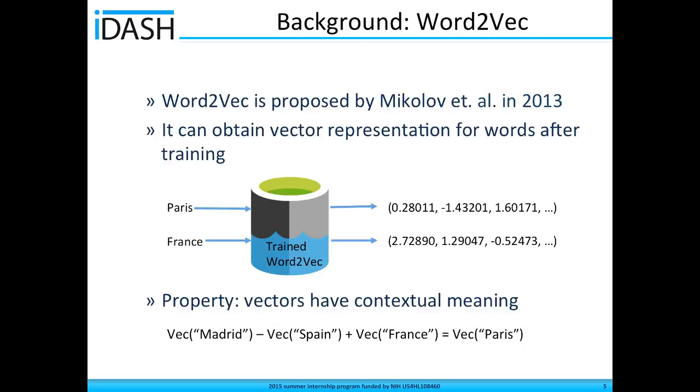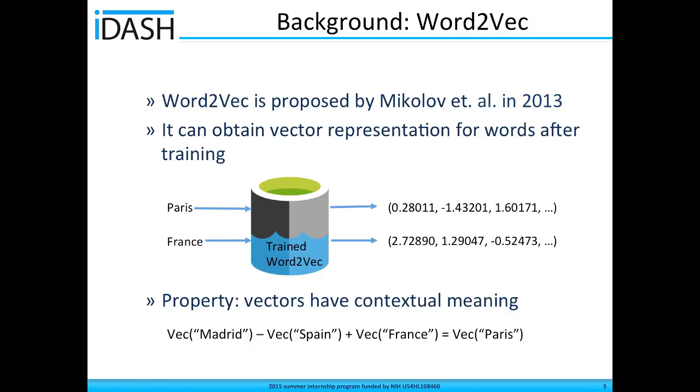So a little background about the tool we use. It's called Word2Vec. It was proposed by some Google researchers in 2013, and it can obtain vector representations for words after training. So suppose this Word2Vec model is here, and it has been trained.